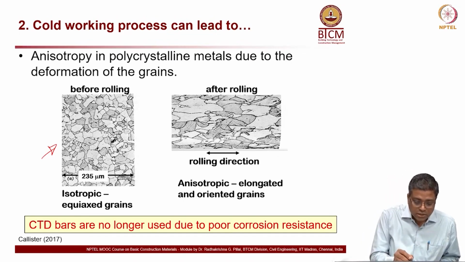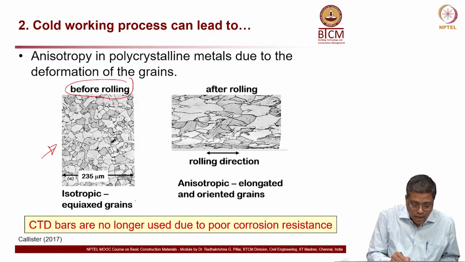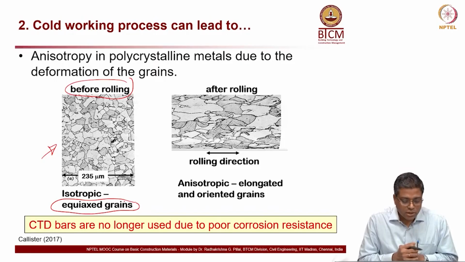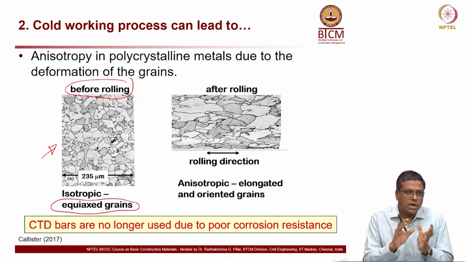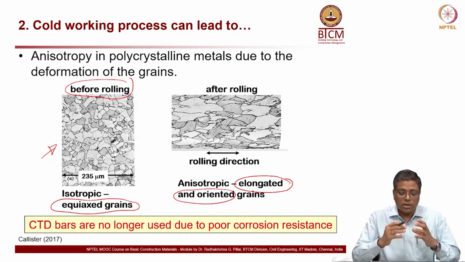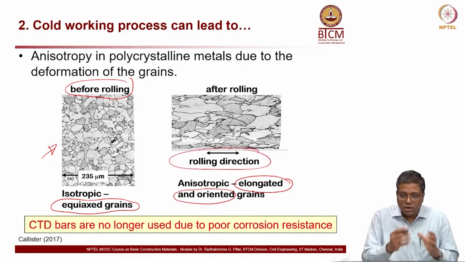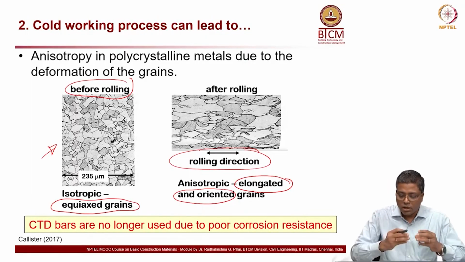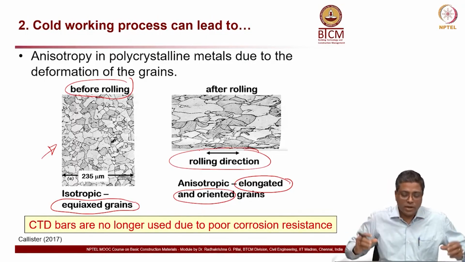Before rolling, they have equiaxed grains, meaning the size of these grains is more or less similar in all directions. However, after rolling, they get elongated, oriented grains, with the rolling direction horizontal, as you see in the picture. So the grains get elongated.